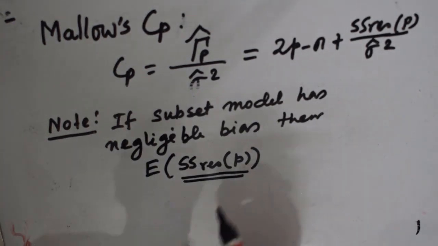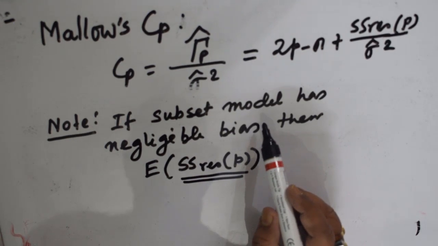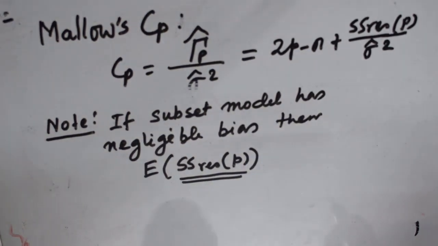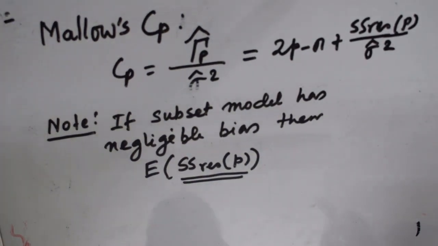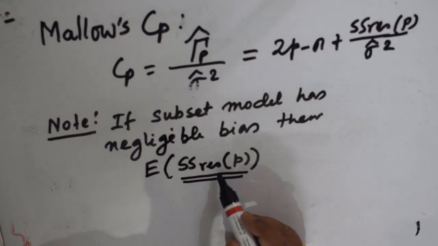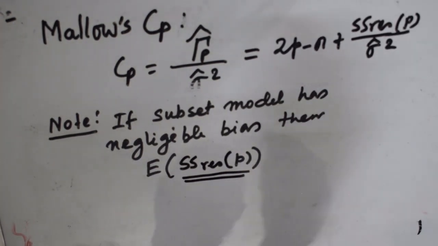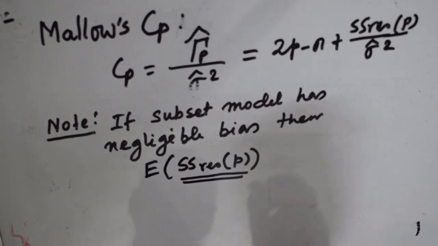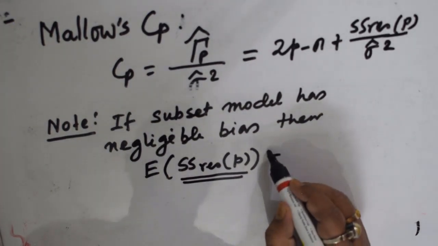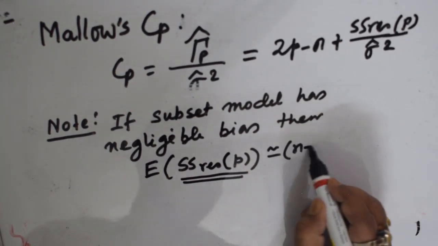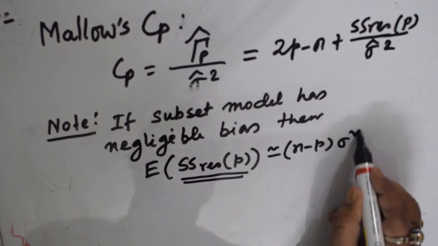So if the subset model has negligible bias, then the expectation of SS due to residual should be n minus p sigma square.